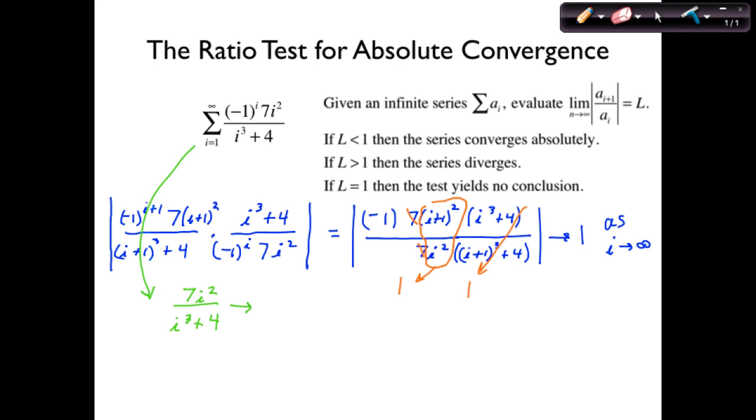What does that do as i increases? 7i^2 over i^3 goes to 0. And it alternates, right? So we've got a sequence that goes to 0, and it alternates. Conclusion? The series converges by the alternating series test.